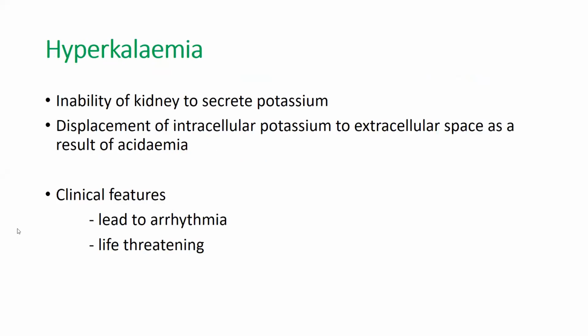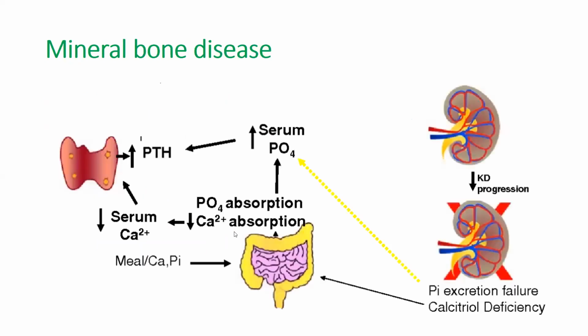Hyperkalemia. As you know, kidneys regulate your sodium, potassium, acid-base balance. So when you have CKD, this potassium balancing cannot happen optimally. So these patients will end up with hyperkalemia, and this will lead them to develop arrhythmias, which could be life-threatening at times.